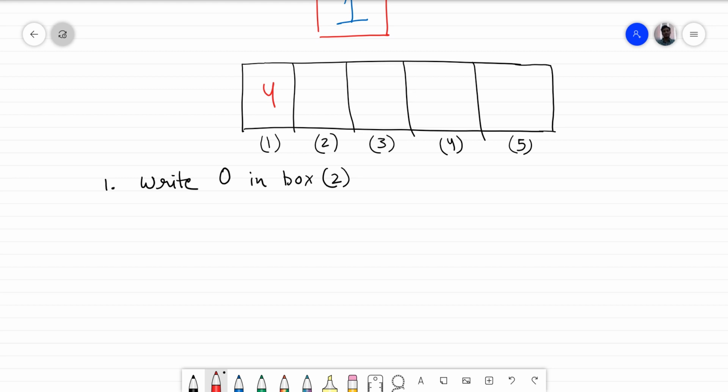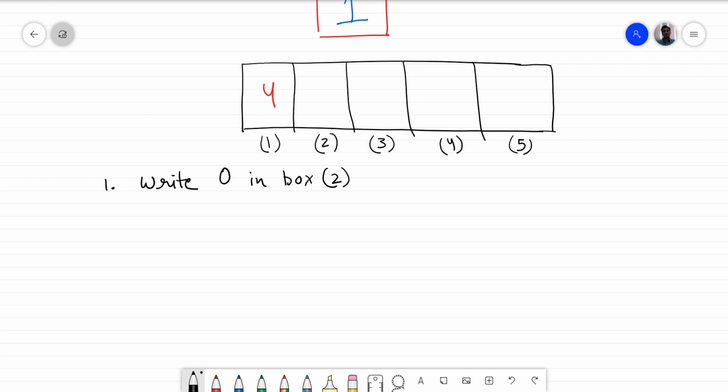For our convenience, right now we are not writing in binary, we are writing in decimal numbers. Okay, so we have written 4 here. If you want to write in binary, those steps will be a little different from these.